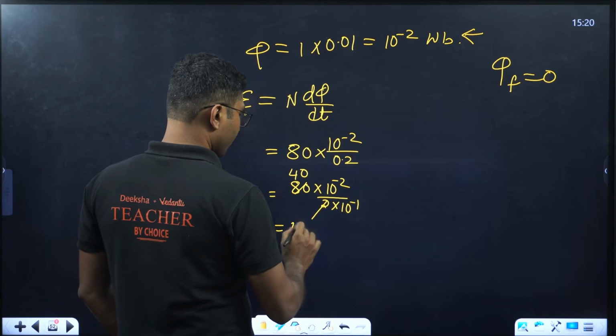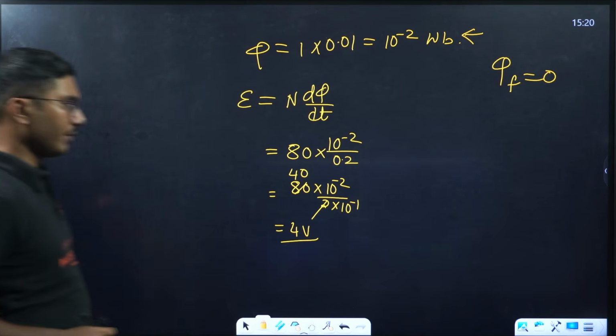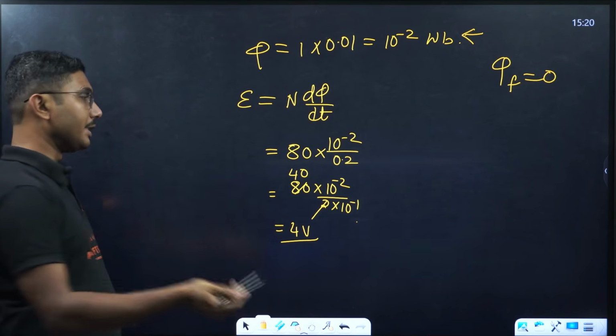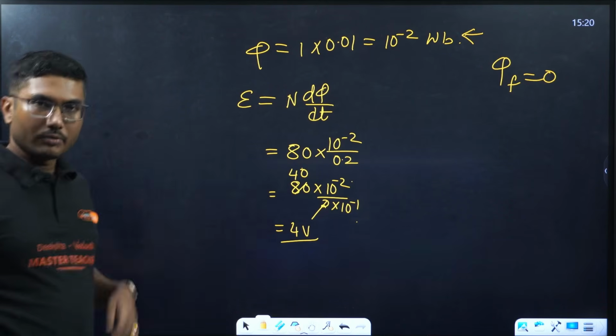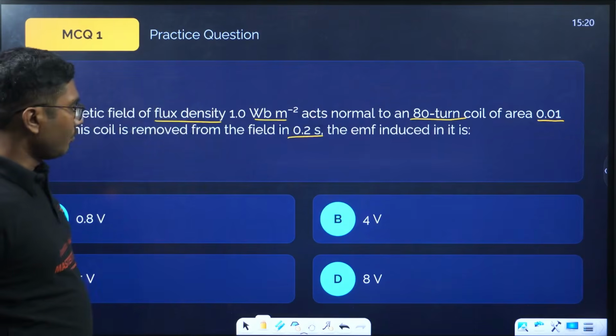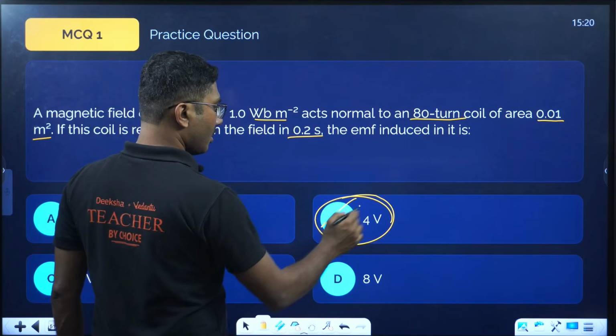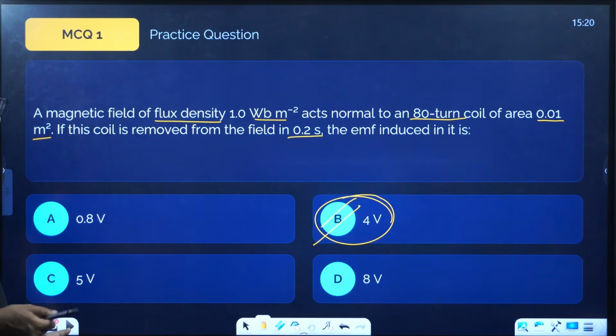So induced EMF is 4 volts. If you consider the powers of ten, -2 minus -1 reduces one of them, leaving only 4. So the correct answer for this is 4 volt.